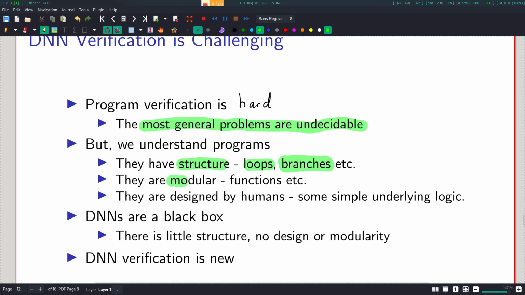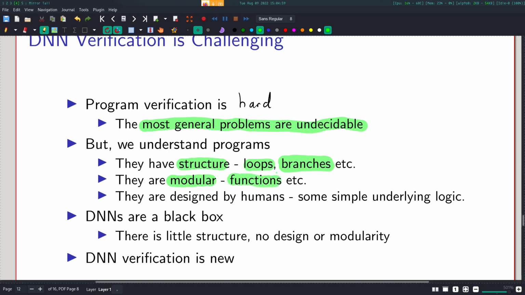Similarly, programs are also modular. They're usually split into functions and such things. So if you have a program that is split into multiple functions, you can divide the entire verification task into verifying simpler things for each of the smaller functions and then combining that, right?